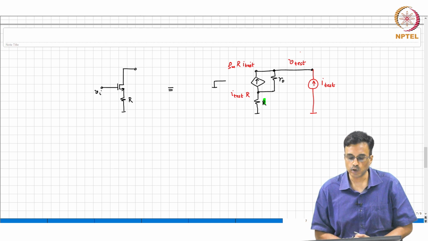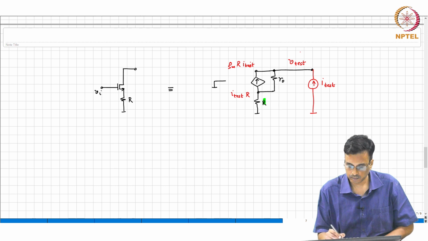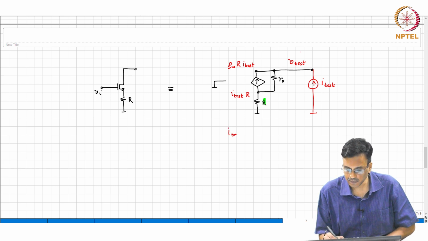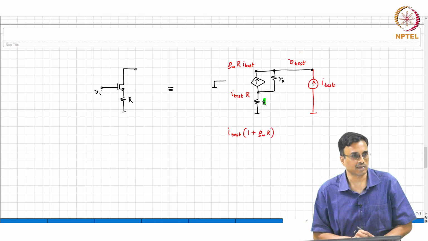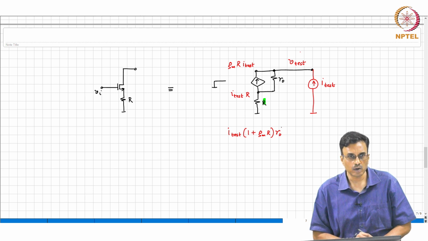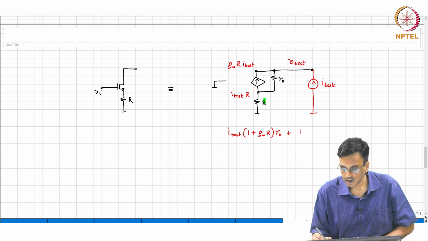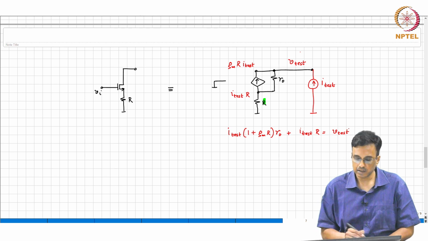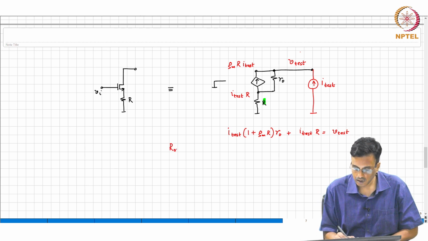So, the current flowing through R naught is I test times (1 plus Gm R). The voltage across R naught is this times R naught, plus I test times R equals V test, correct.